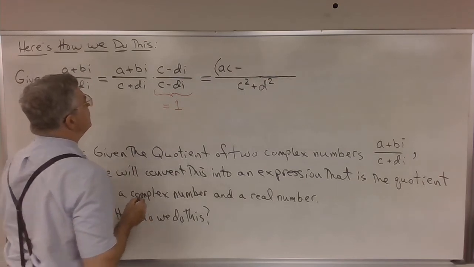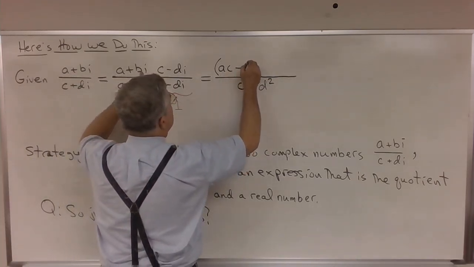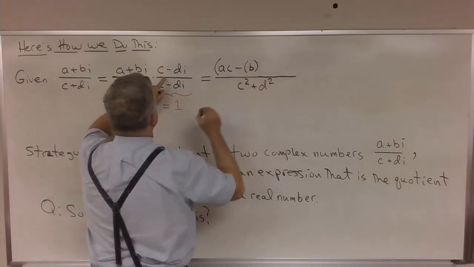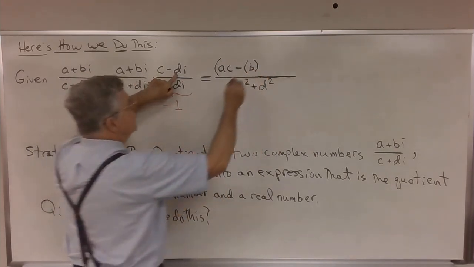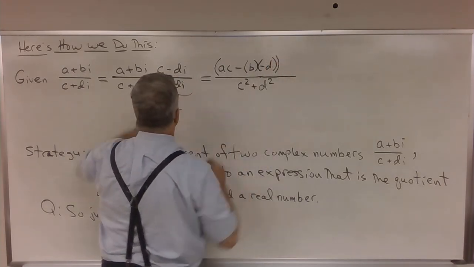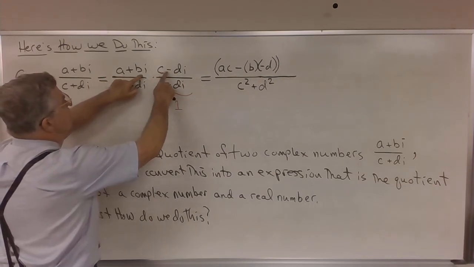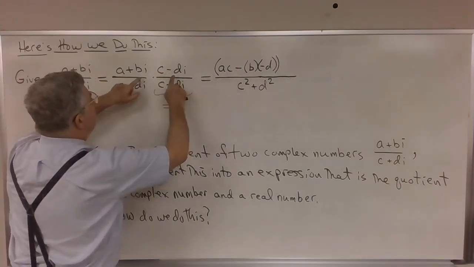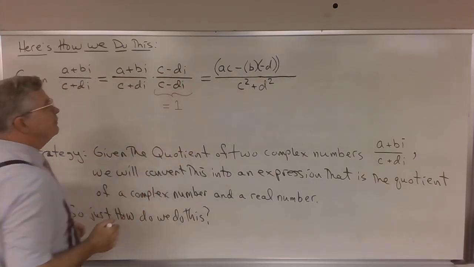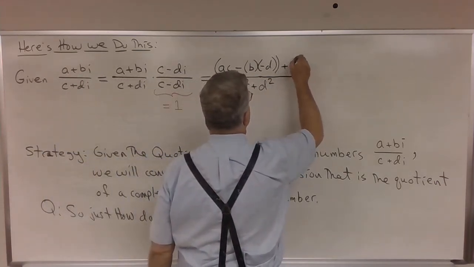So I'm going to get B times negative D. So that's it: product of the reals minus product of the imaginaries. That gives me my real part.